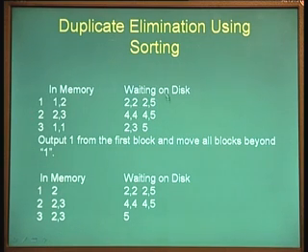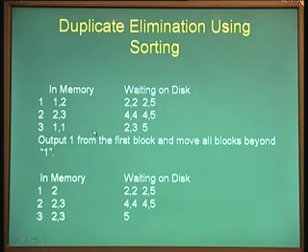This whole thing is a set of 3 blocks that were written onto disk, and as you can see, this entire thing is sorted. They are in sorted order, that is, 1 is less than or equal to 2, and so on until 5. This is the second set of blocks that were written onto disk, 2 3, 4 4, 4 5 and so on, and this is the third set of blocks that were written onto disk.